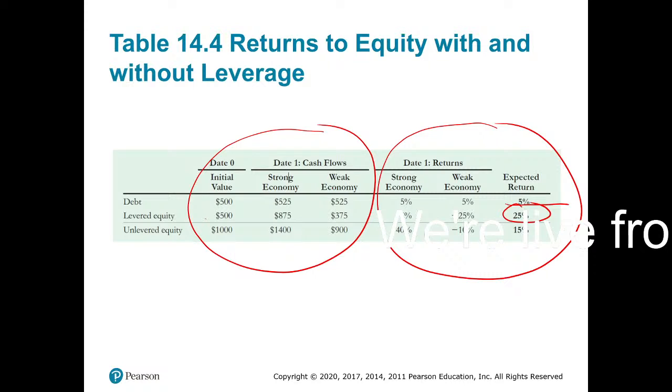And this is one case, right? You amplify your shareholder return from 15% to 25%. There's a cost. The cost here is the risk increases. However, if you can afford that risk, it will be much better for you to use leverage. Is that right? Because you almost double your return.